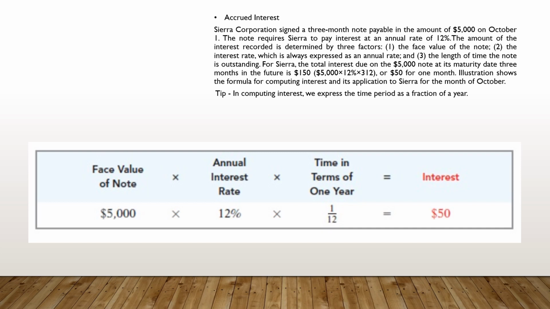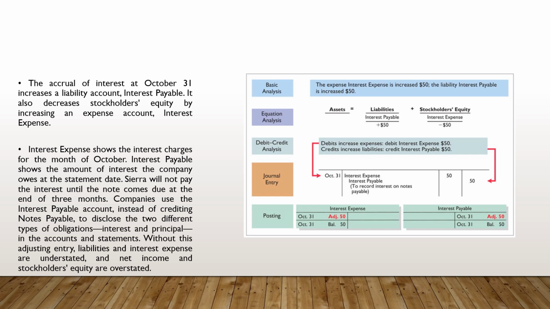So the formula for computing interest and its application for Sierra for the month of October. Okay, so a tip for computing interest: we express the time period as fractions of a year. So the accrual of the interest at October 31st increases a liability account, right?